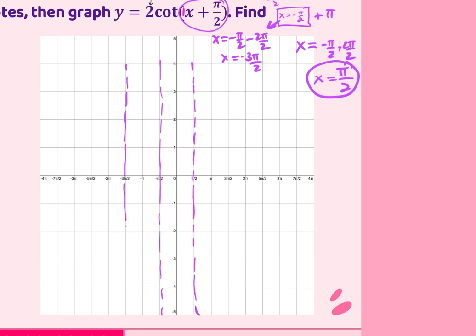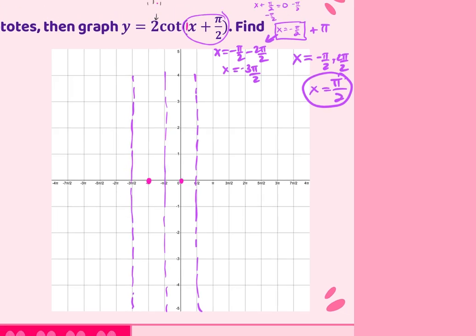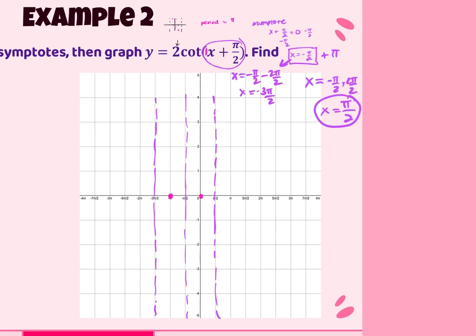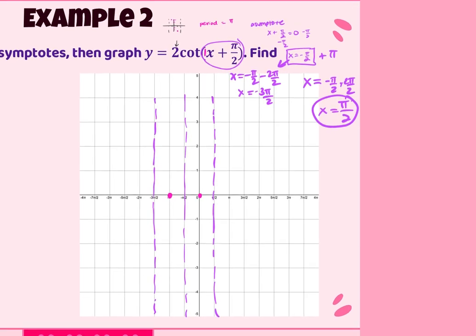Some of the ones on the homework are teeny tiny. You can just adjust the x-axis if you want. Okay, so those are my asymptotes. For this part, I'm going to add the interval on in a second. I'm going to find the point halfway between. If there was a vertical shift, I would do it at the end. Right now, there's no vertical shift, so I'm going to leave this. And then I'm going to do my quarter point.